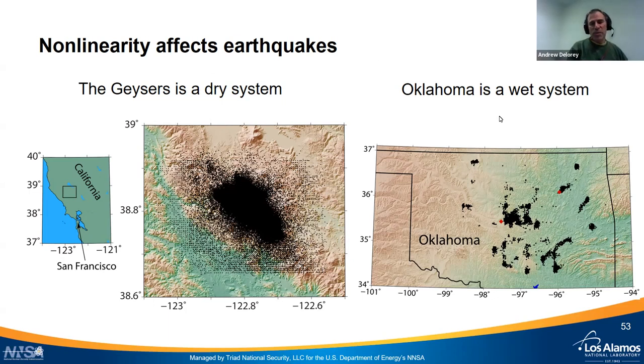Whereas Oklahoma is a wet system. Of course, we know that the oil and gas industry has been injecting wastewater into the Arbuckle Formation for decades, and there's been a lot of induced seismicity related to that. And so this is a system where we know that it's saturated in places, and it's a fluid-driven system rather than a steam system.